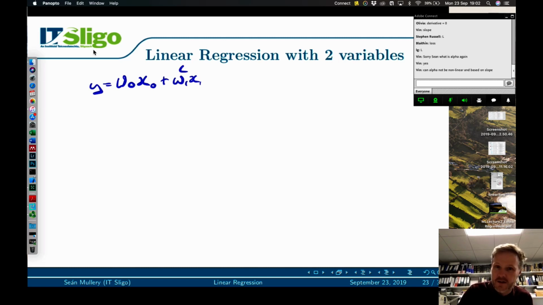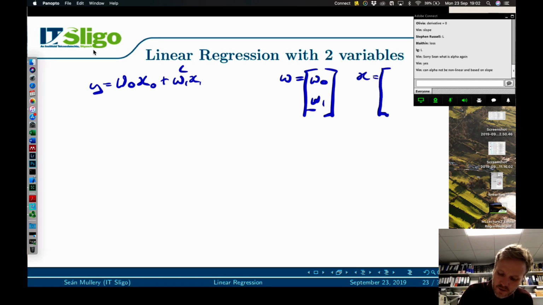But what you'll find is that we'll often do the following: we'll set w to be a vector, which is w0 and w1, and we'll set x to be a vector, and even though x only has one part to it, we'll put x0, and we'll put a value just of 1 there, and that way we can do a w transpose x, multiply those together, and that will basically get the sum of those two together.